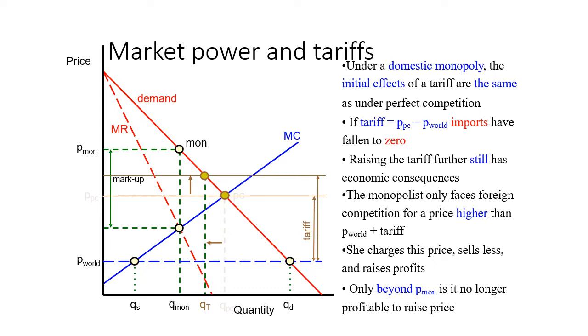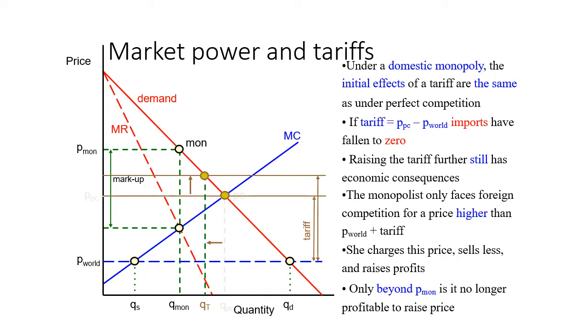That's the maximum tariff you can put in place. If the tariff exceeds that difference, then the company is going to make less and less profits. So the incentive for this one monopoly stays in place as long as the tariff is not more than the difference between the monopoly price and the world price.